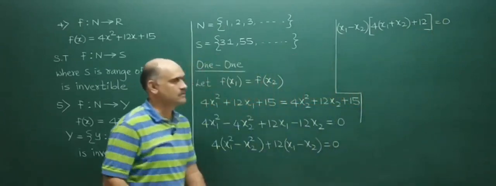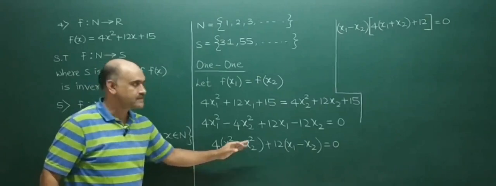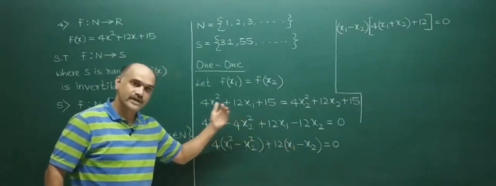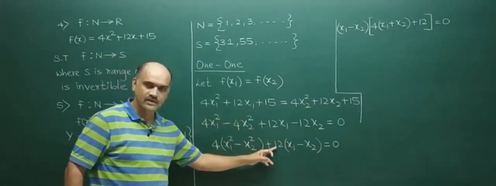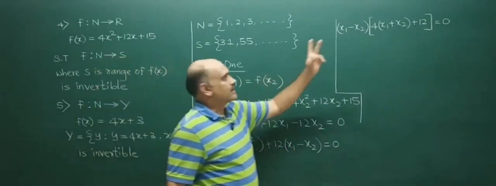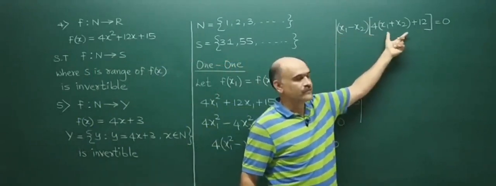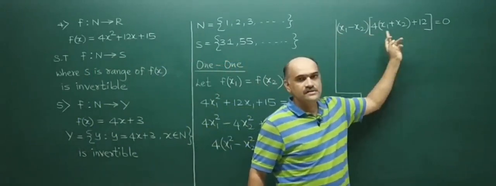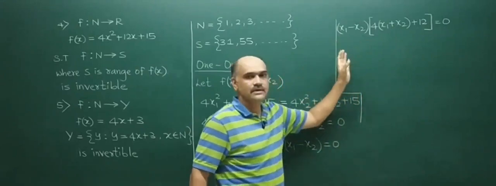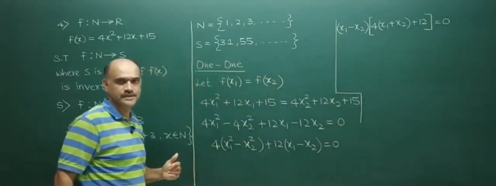So 4 times (x1 plus x2) remains, and here only 12 remains, since x1 minus x2 I have taken common outside. Now either this bracket is 0 or that bracket is 0. If you observe the square bracket, all terms are positive.